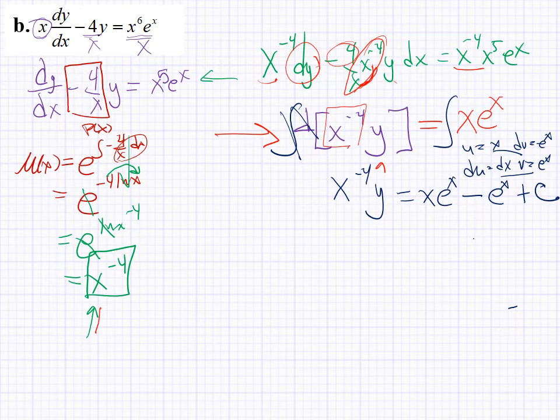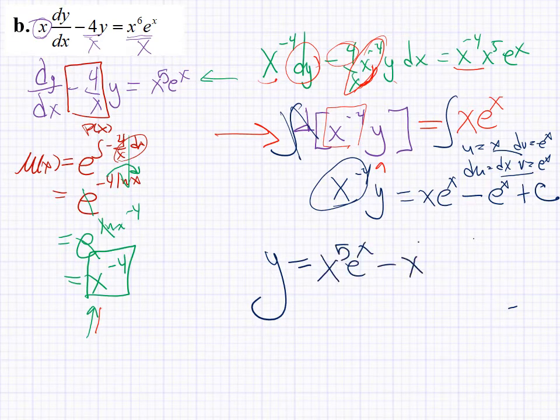So now what we have to do is get rid of this x to the negative 4, and we would come up with y equals, multiplying x to the positive 4 all the way through, x to the 5th e to the x, minus x to the 4th e to the x, plus x to the 4th times c.